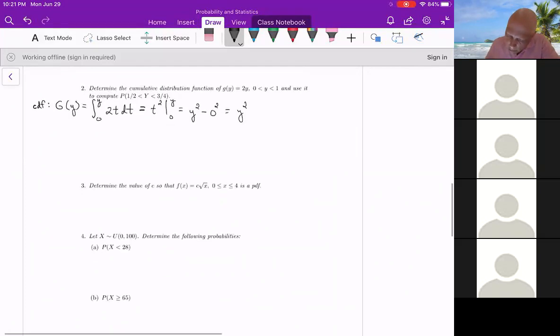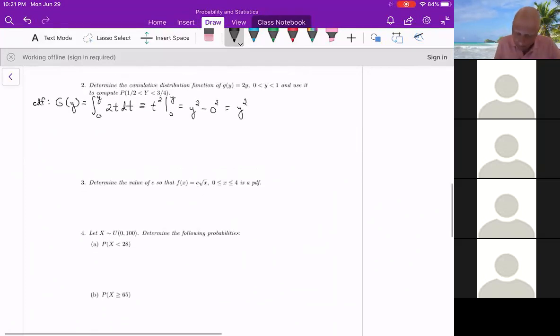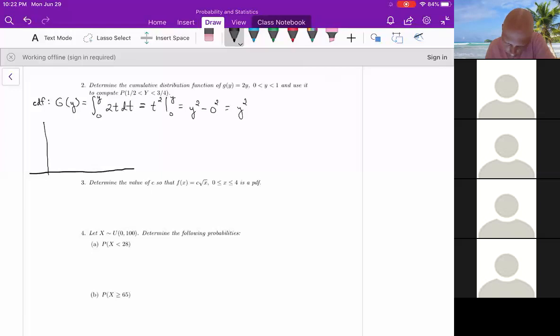Let's get graphical here. That could be fun. Our PDF, g of y equals 2y, is this function here. And this is 0, and this is 1. So it doesn't actually go onwards. It stops at the support. That's our PDF.